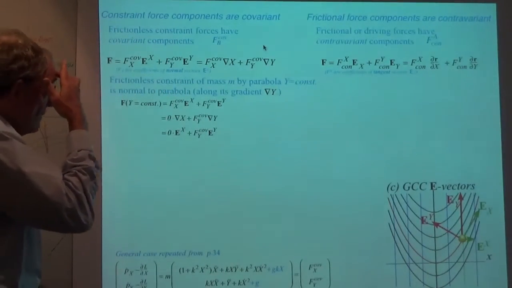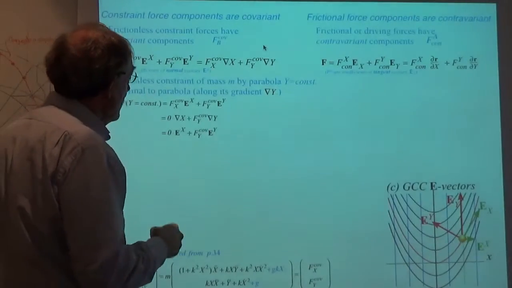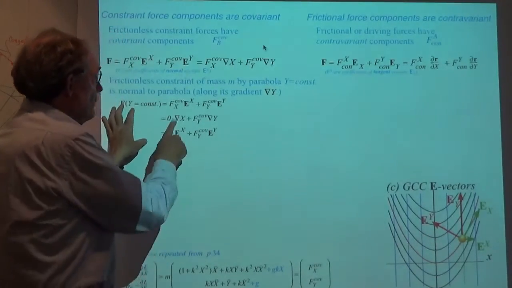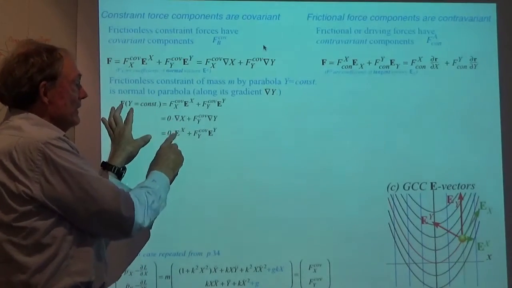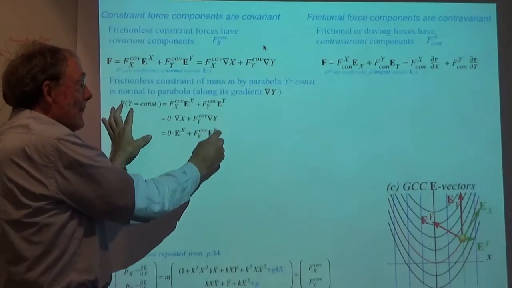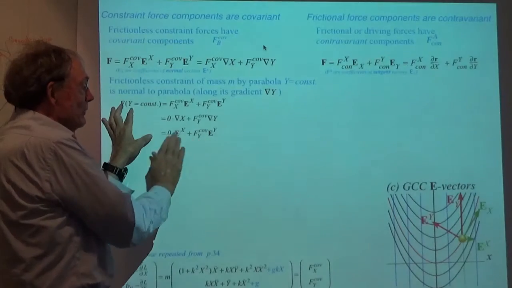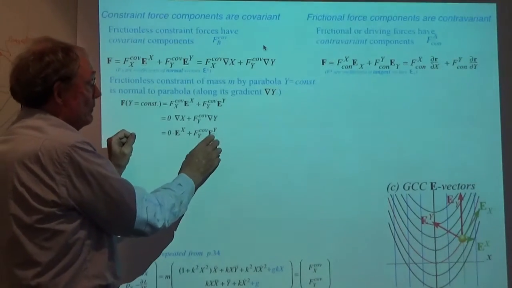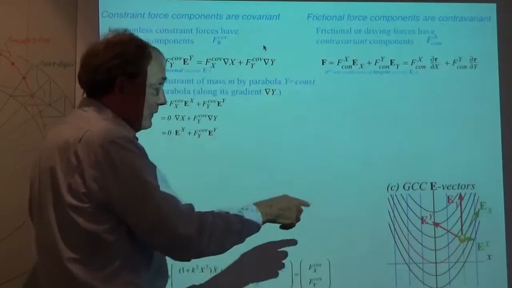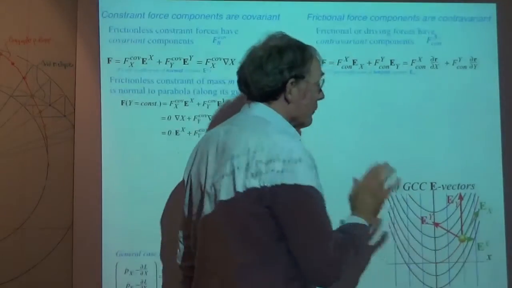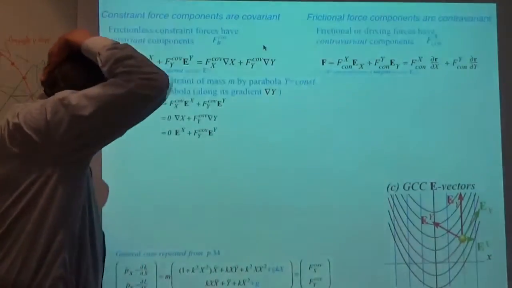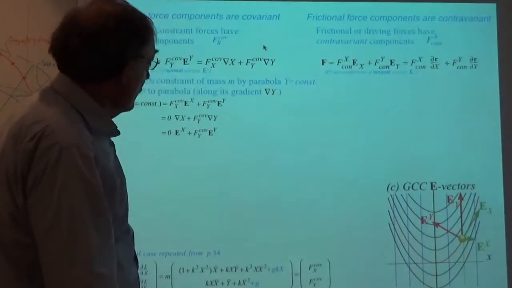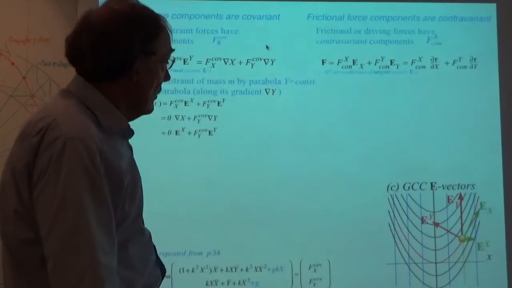Okay? And the idea is that this force must have no component of anything else except that vector. So this is basically what that force will be. It will be proportional to this y, this gradient, the gradient of that frictionless surface or line that's keeping the mass in place.